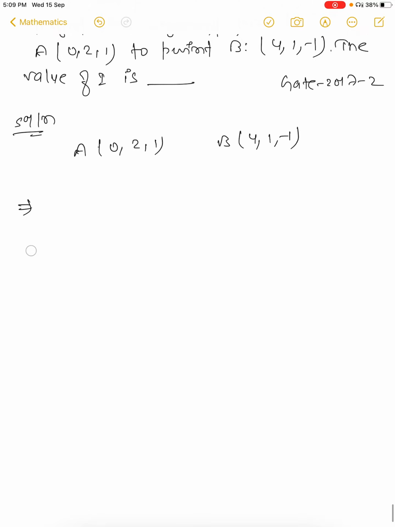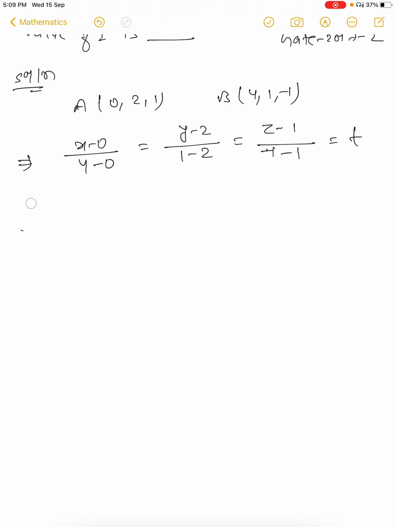We can say in three-dimensional space that x minus 0 upon 4 minus 0 is equal to y minus 2 upon 1 minus 2, and z minus 1 upon minus 1 minus 1 is equal to a constant t.